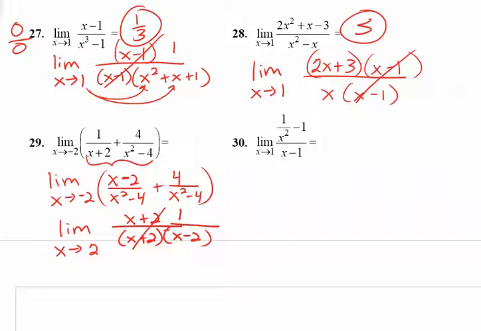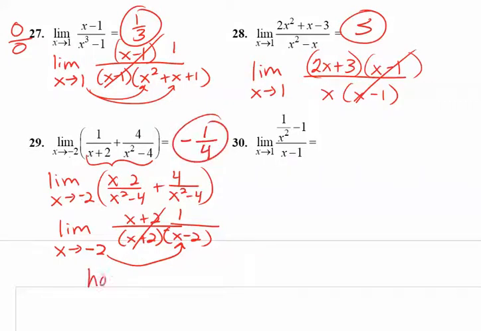We've canceled the common factor, and then, did I cancel the wrong factor? No, our limit here is going to -2. I just forgot to write my negative sign there. All right, so we put -2 into our leftover factor, and we'll come up with -1/4 as our limit.